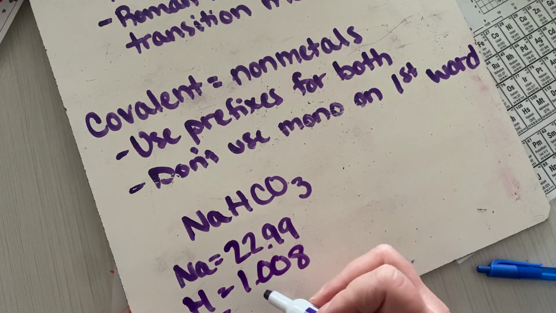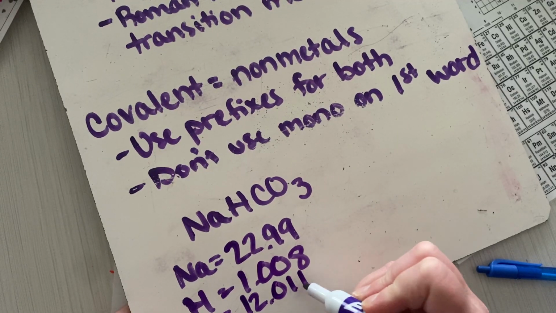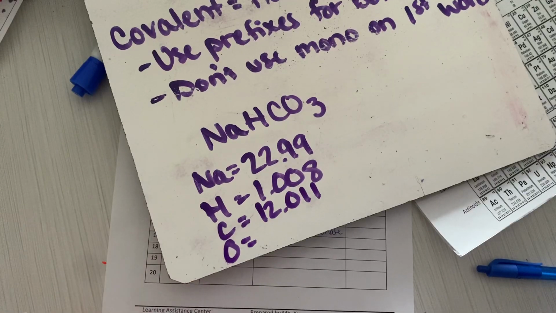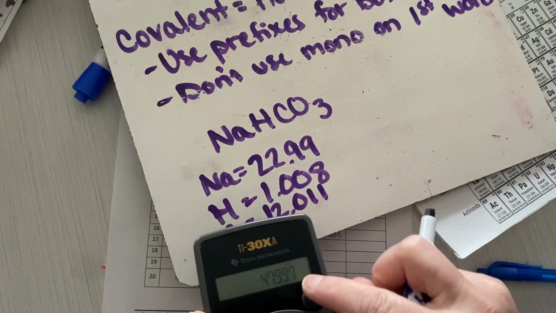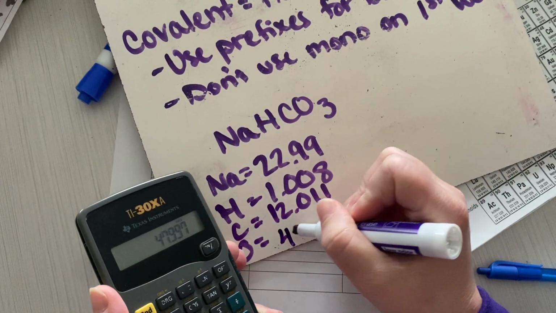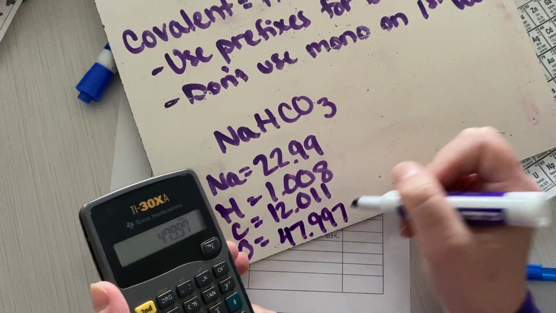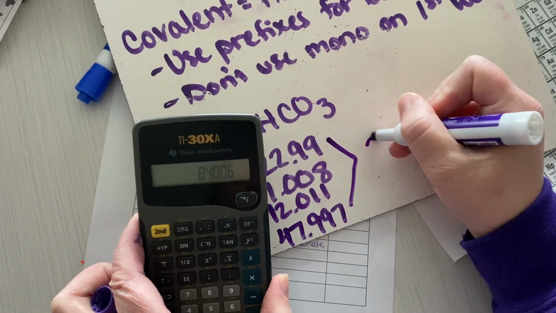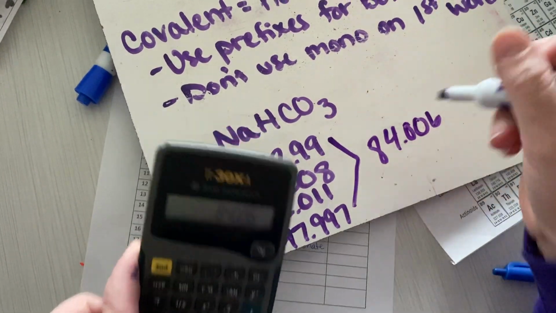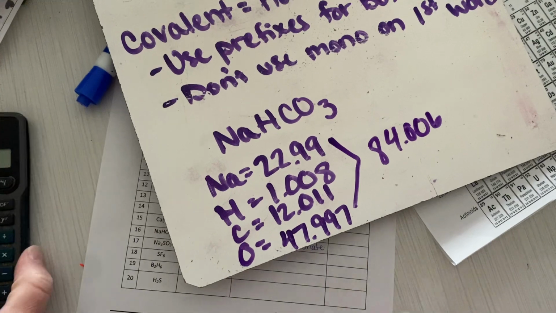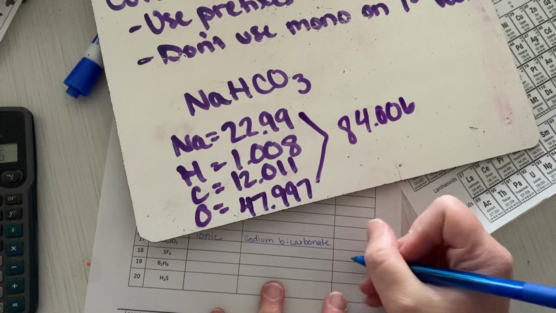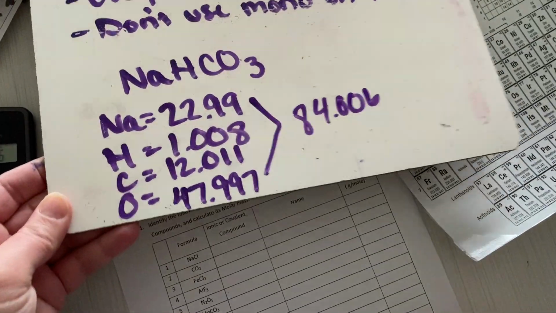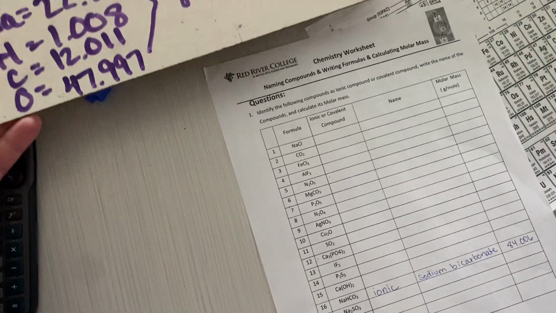C equals 12.011. And O, three of them, we'll figure out that total. So my 15.999 times 3 is going to give me 47.997. And then we're going to add them all up, and we get 84.006. And that's our answer for this one right here.